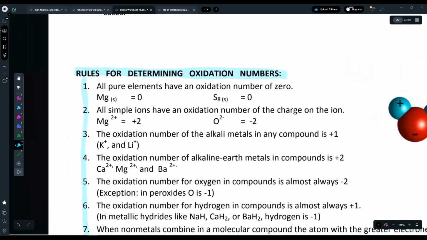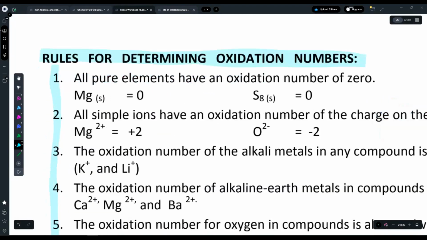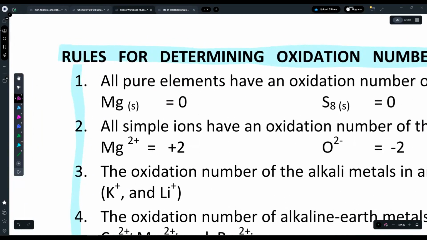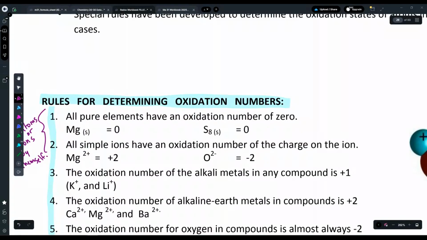With these first two, they're just in regards to atoms or ions which are by themselves. Rule number 1, all pure elements have an oxidation number of 0.